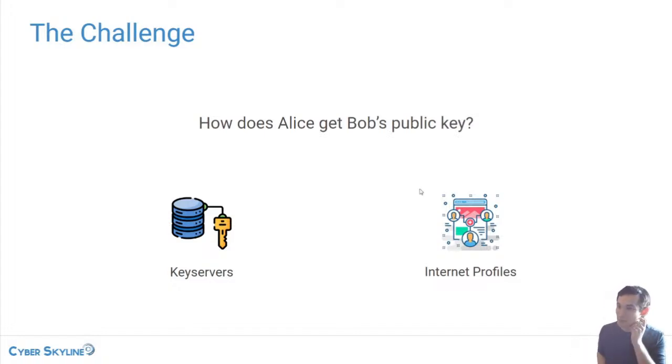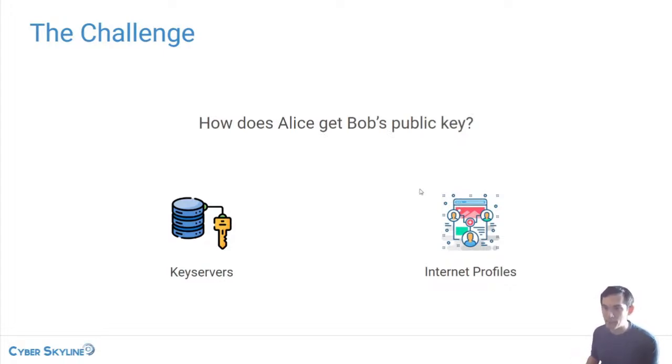Now, this is not a perfect solution because maybe Charlie made a mistake and he signed the wrong key, or maybe he got social engineered and who he thought was Bob isn't actually Bob. And so you probably don't want to rely on just one person doing the vouching in this system. The more you can build out this web of trust, the more people who are vouching for the public key, the bigger the overlap between who Alice trusts and who is vouching for Bob.